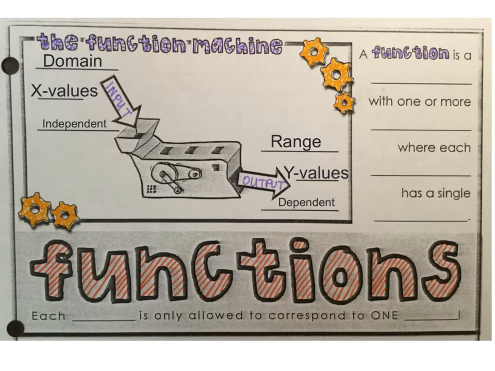Today we are going to learn about functions. As you may remember from the chicken nugget video, the input is the domain or x values, also known as the independent variables, which go into the function machine. The range is the output, also known as the y values or the dependent variables.